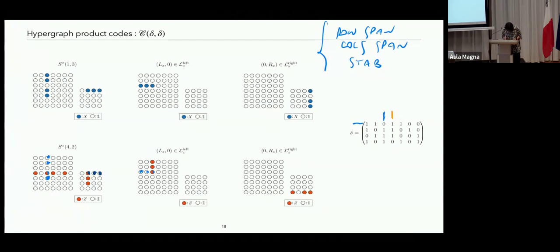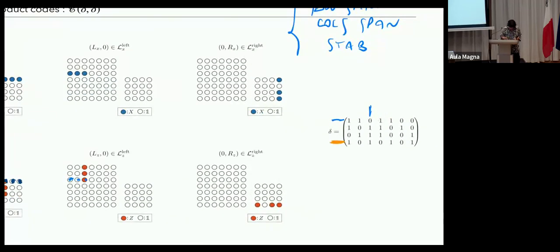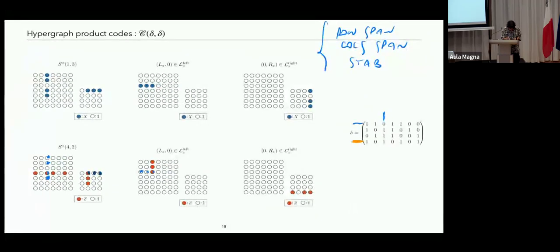Sorry for that. And 2. This is not the correct one. This is 4, 2. No, I was okay before. Sorry.